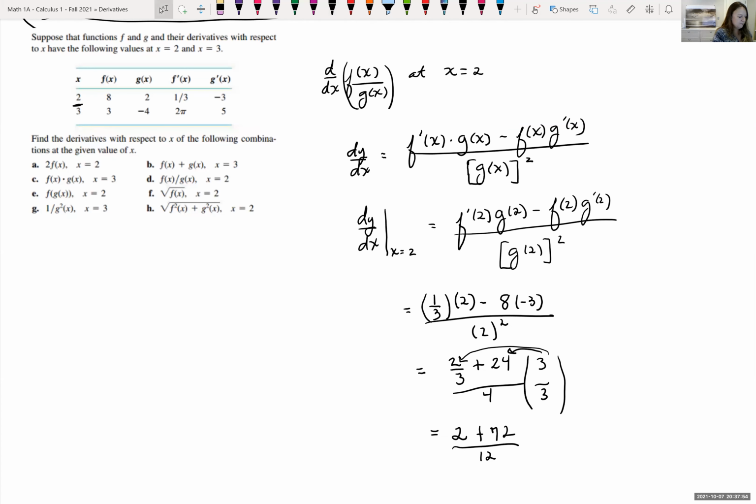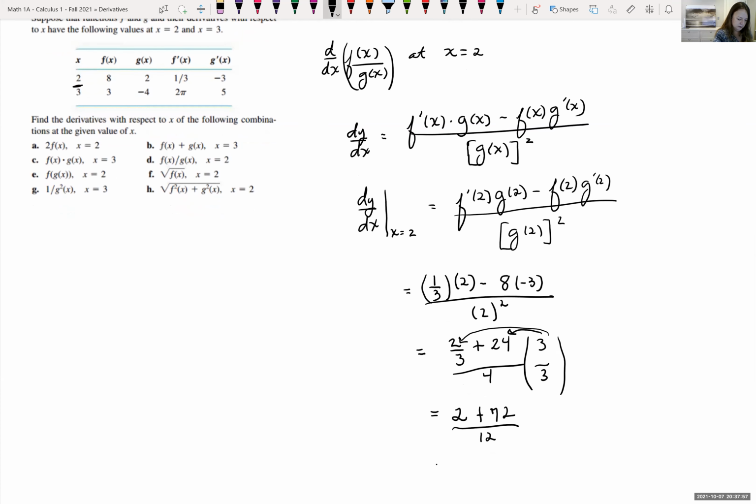So we have 74 over 12. I notice 2 goes into at least both of those. 2 goes into 74 37 times. And 2 goes into 12 6 times. So 37 over 6.